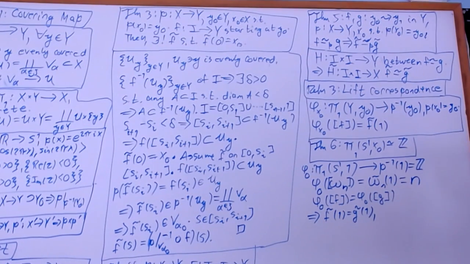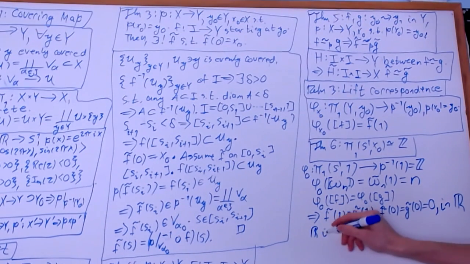Now, we also know, by the fact that we picked the base point, that f tilde of 0 is equal to g tilde of 0 is just 0. They all have to start at 0. So we get two different paths that both start at 0 and both end at the same point. These are paths in R, in the real numbers, on the real line.